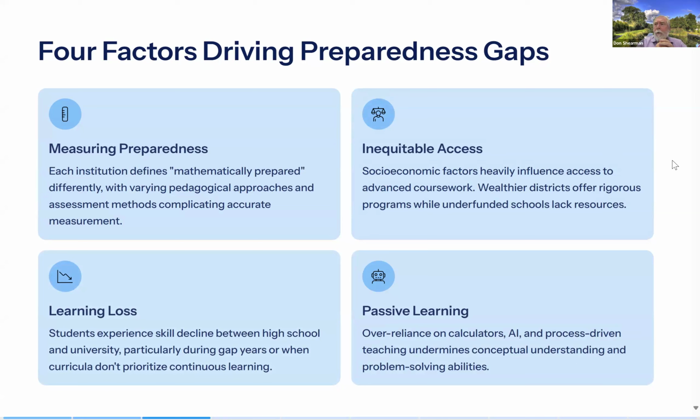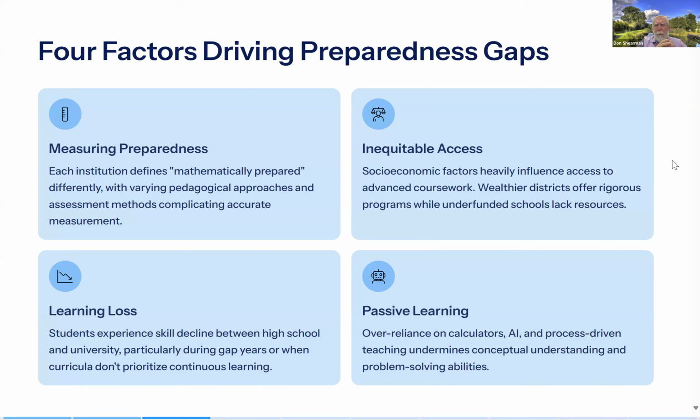How much learning loss do students have between high school and entering university? And how can we overcome that? Again, that's by identifying what those losses are. Developing more equitable access rather than inequitable.